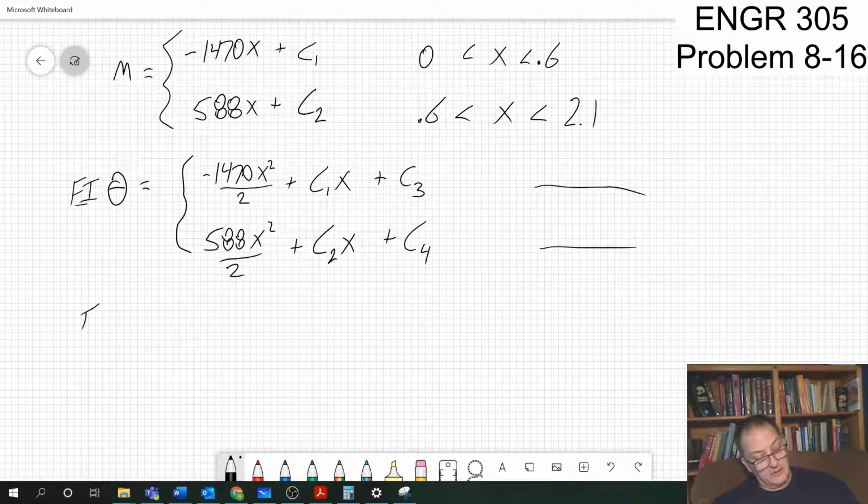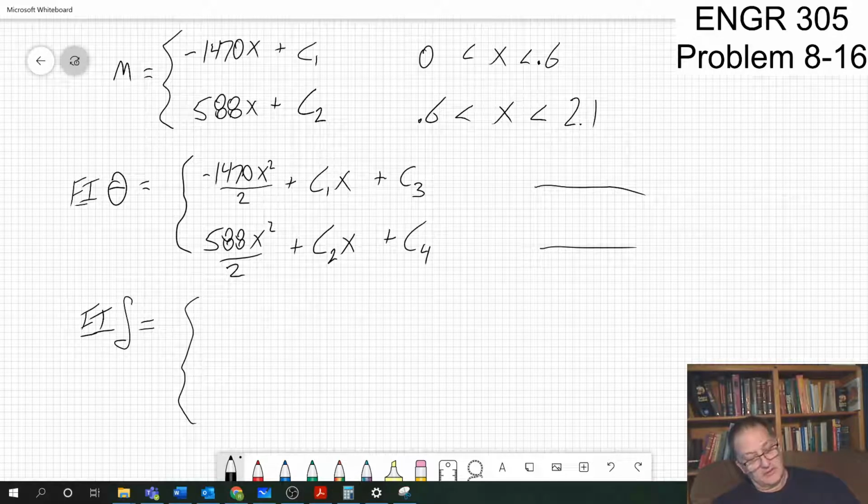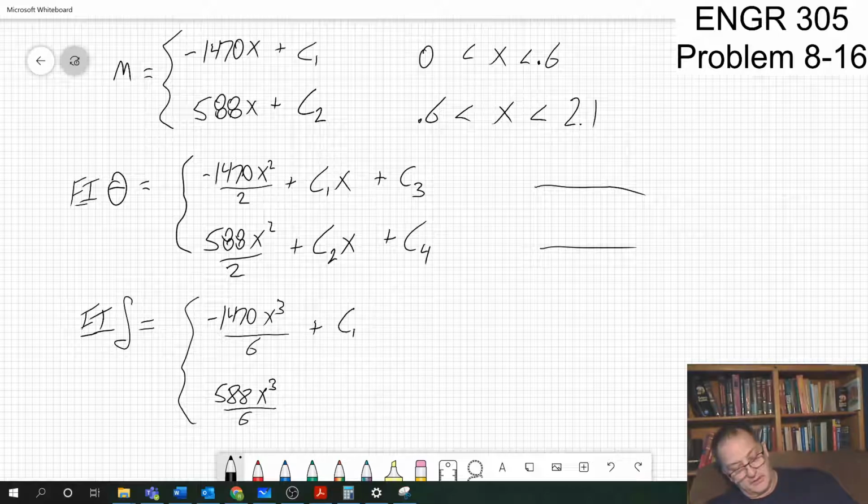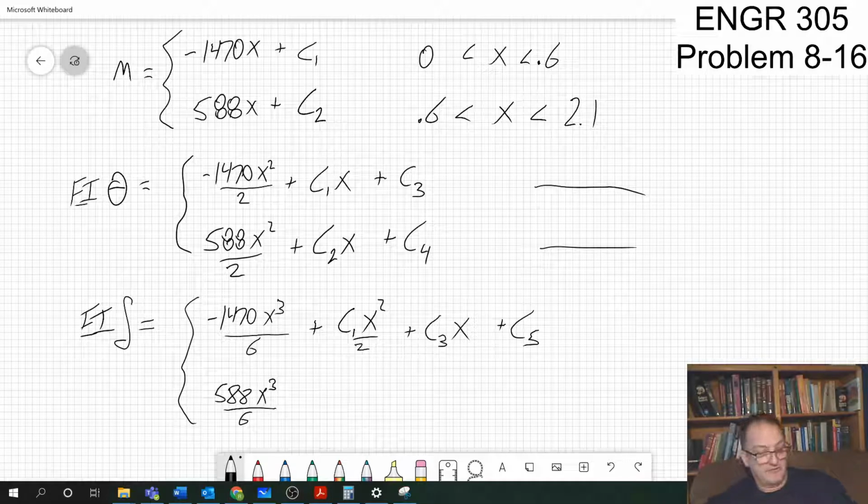Lastly, EI delta is equal to minus 1470 x cubed over 6 plus C1x squared over 2 plus C3x plus C5.